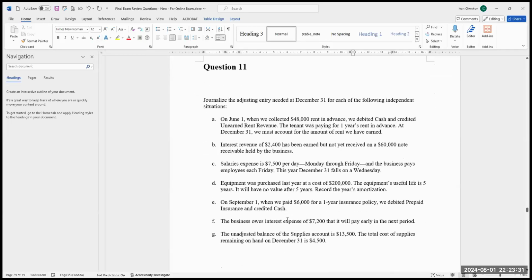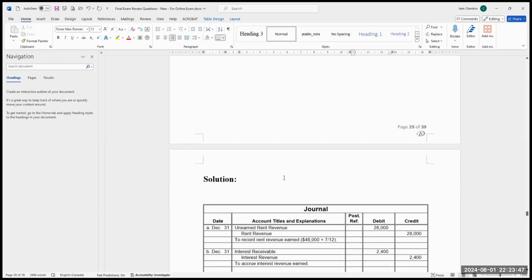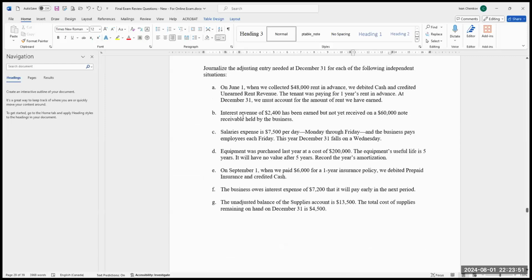The next question will be from chapter 3, which is adjusting entries. Luckily for you, I'm not going to test you on this type of question from chapter 3. I found a way more interesting question. Again, what you have to do is the adjusting entries.